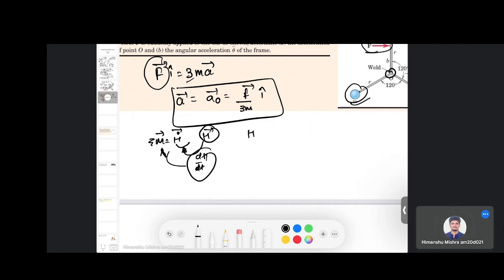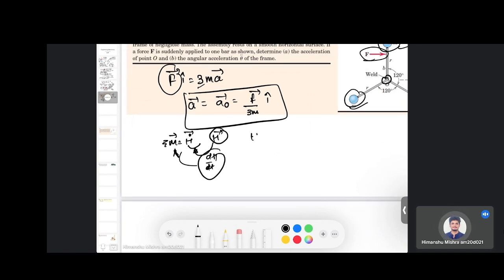So my angular momentum will be 3 times r cross m r dot, right? So this is my angular momentum, but in scalar form I can write h equals r m v.